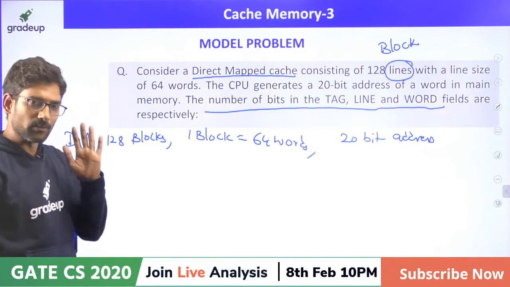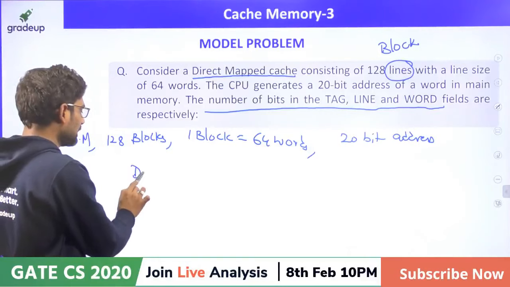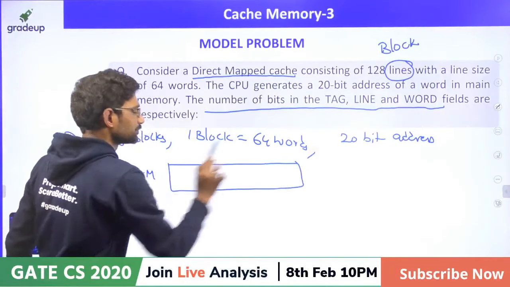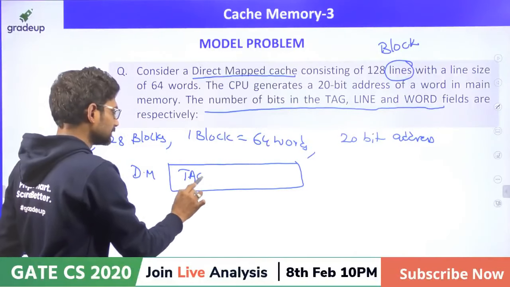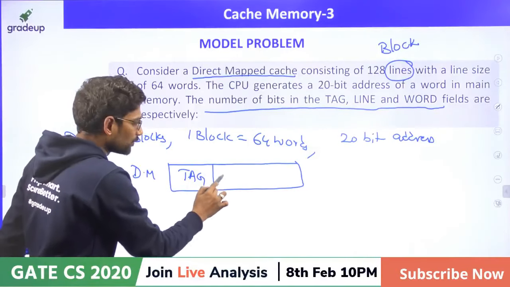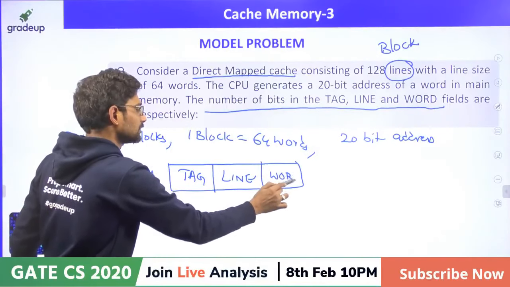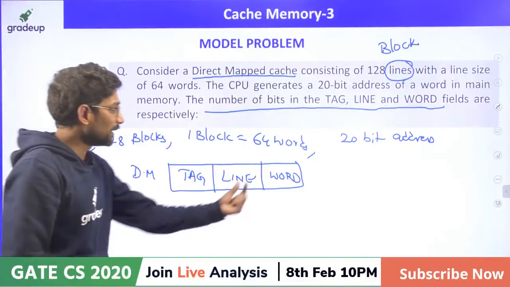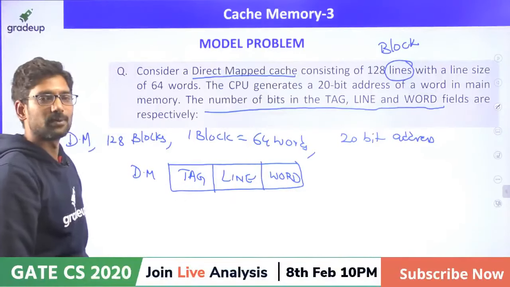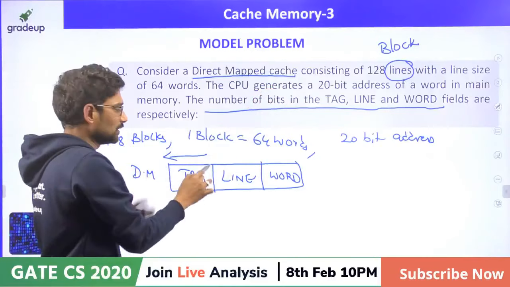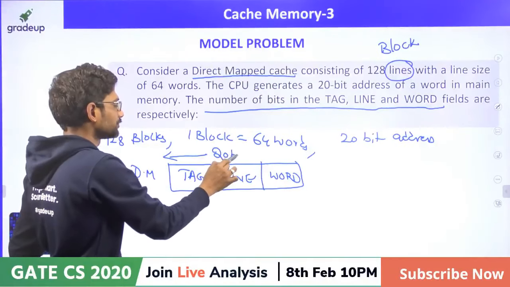So all are given now. We know the DM cache interprets the address as tag, block, block means line, word. That is what he is asking. How many bits for these individually? What is the total address length for this question? 20 bits.